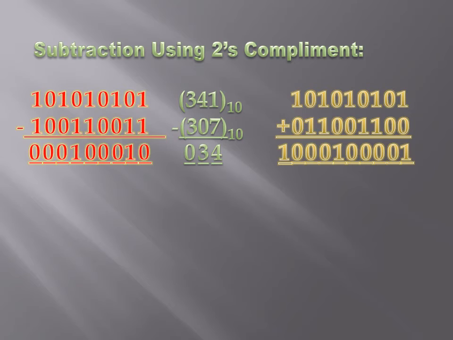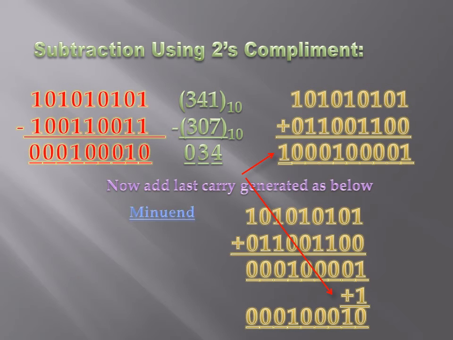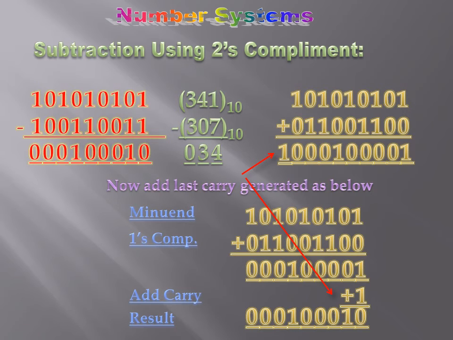What we have to do is change this number to 2's complement. What 2's complement is: adding 1 to the 1's complement. So how we do it? Take the addition, then add 1, and we will get the required result.